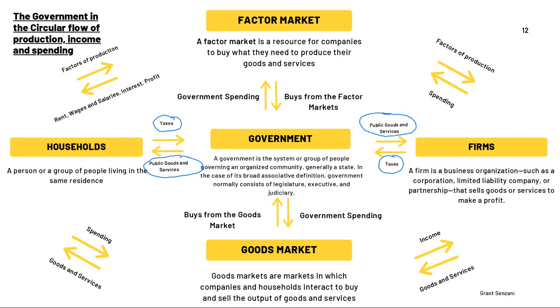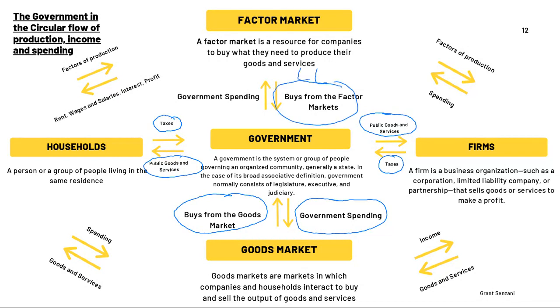What government then does with the money is that they spend it in the goods market for tables, chairs, a fleet of new cars and all of that, right? And therefore, they also get goods and services from the goods market. It also buys from the factor market as well, right? Remember, the factor market in this case is land, labor, capital, and entrepreneurship. It also spends in that regard as well.